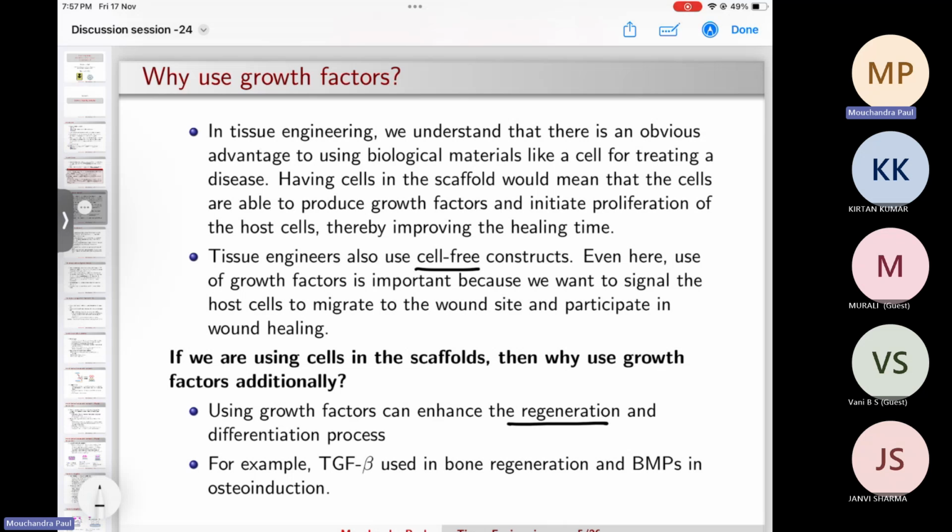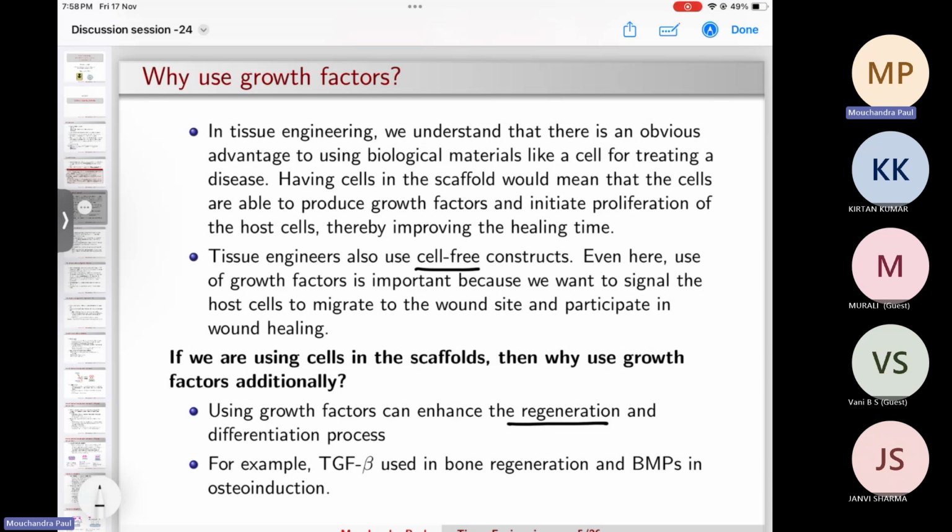You know VEGF, vascular endothelial growth factor, is known for the process of angiogenesis, meaning it can promote angiogenesis. Usually at the wound site, this VEGF concentration is already there; that is how broken blood capillaries start forming new blood capillaries.